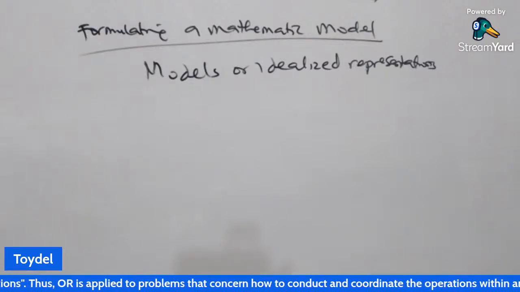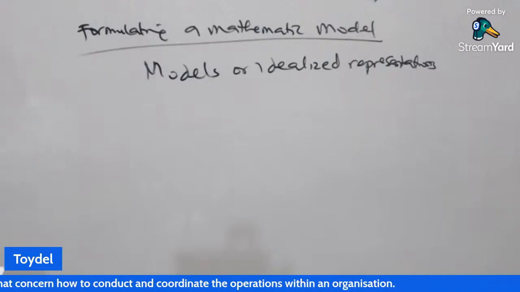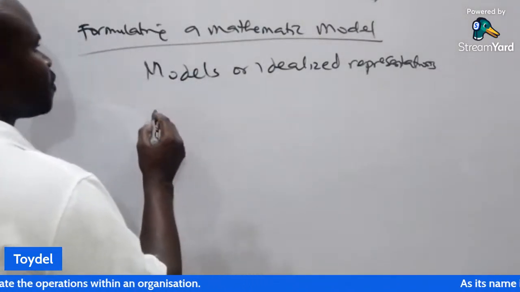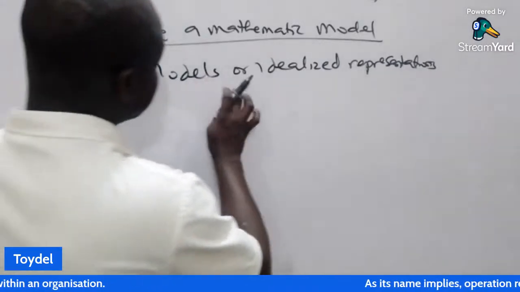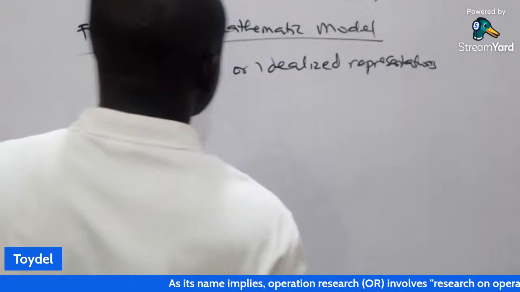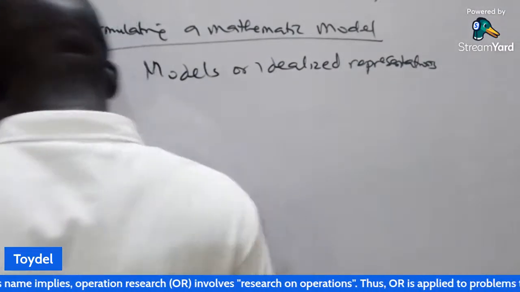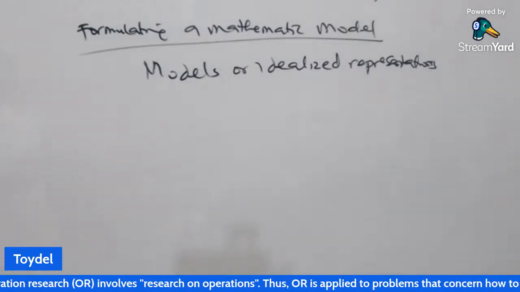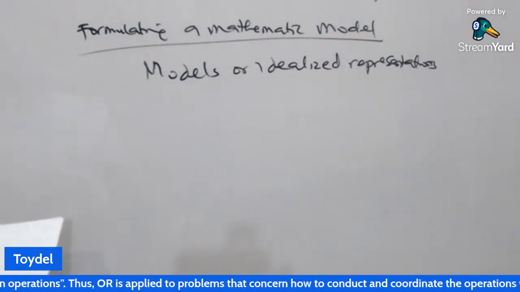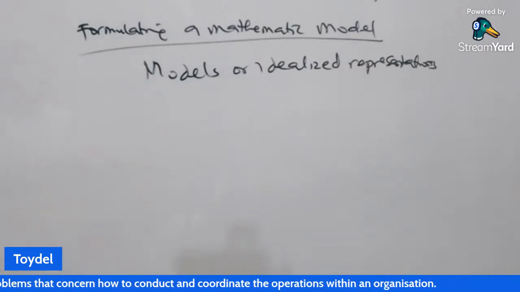So mathematical models are also idealized representations, but they are expressed in terms of mathematical symbols and expressions. For instance, the mathematical model of a business problem is the system of equations and related mathematical expressions that describe the essence of the problem.